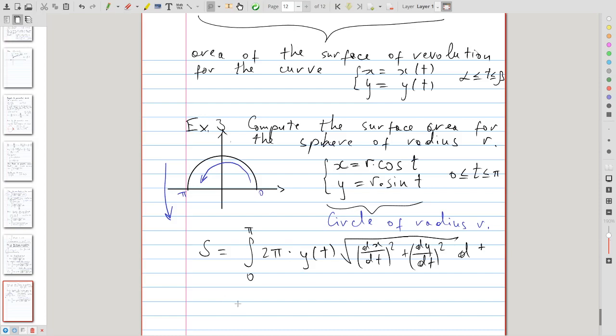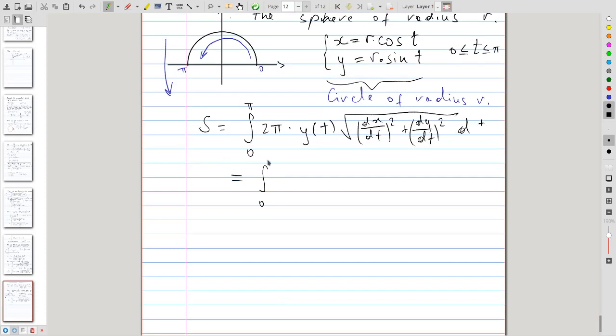And so this gives us the following. We have the integral from 0 to pi, and 2 pi over here, times, let's see, this is r times sine of t, multiplied with the square root here, which gives us, let's see, dx over dt is the derivative of this expression here, which is minus r sine t squared plus r cosine t squared, everything with respect to dt.